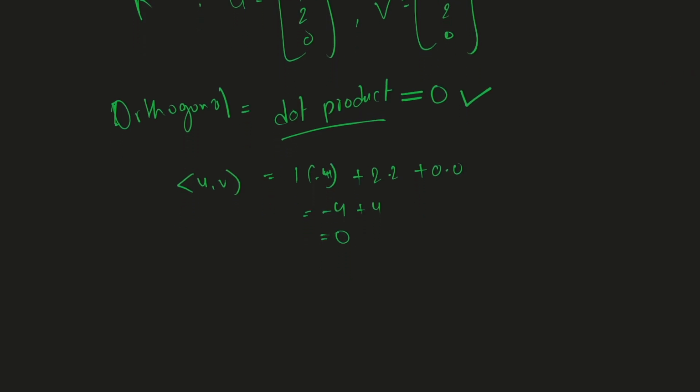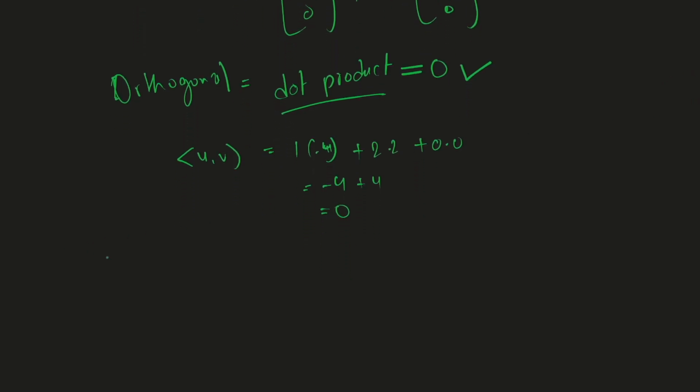Now for the orthonormal part, to check if the vectors are orthonormal, we need to fulfill a couple of qualities. Number one is it has to be orthogonal. We already fulfilled that quality right here; we checked if it is orthogonal or not.